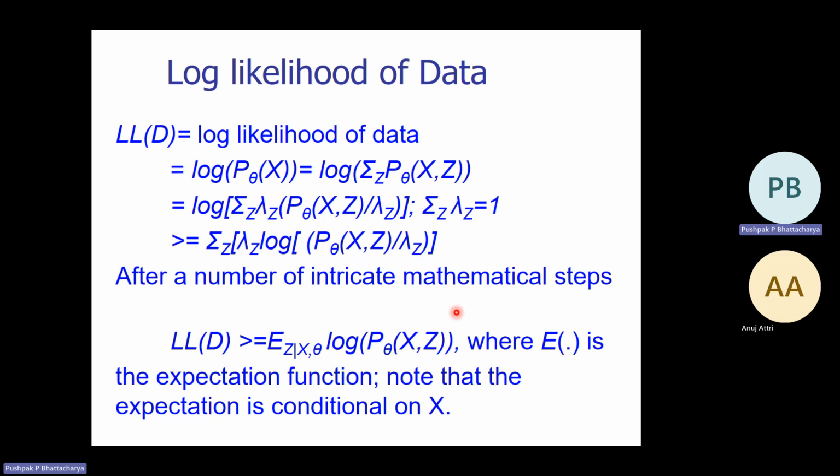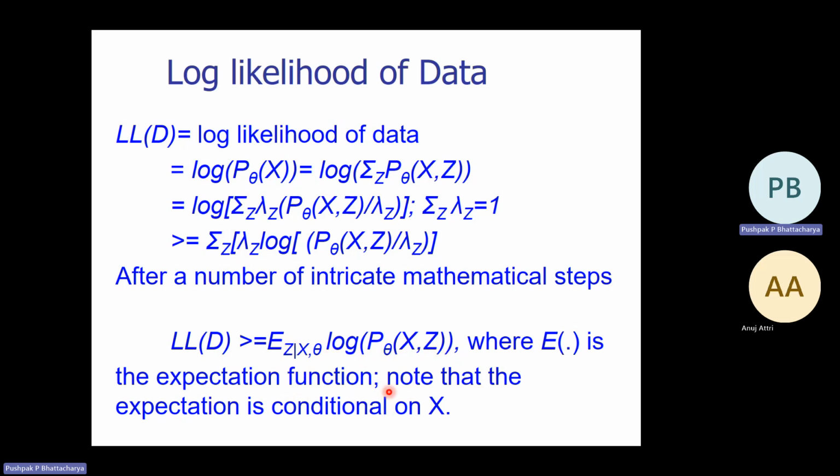So after a number of intricate mathematical steps, there is a very nice treatment of this by Sean Borman. I'll send it on Teams. Very nice mathematical treatment there. The log likelihood of the data or the observation comes out to be the expectation of log p theta x comma z, where E is the expectation function.